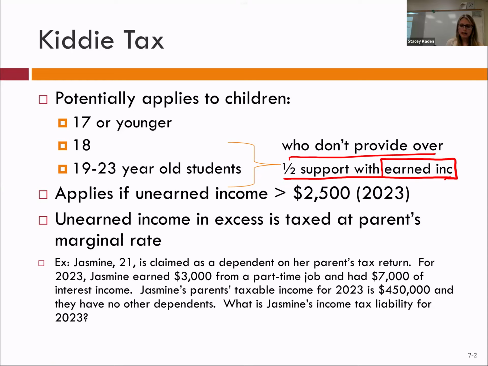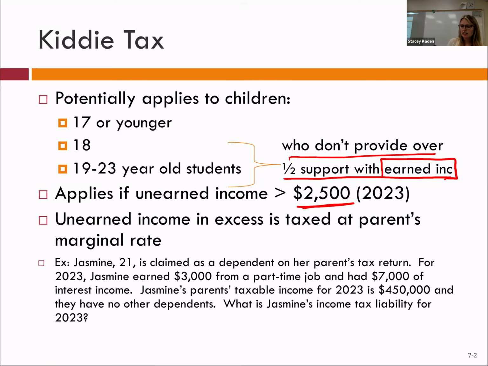This way of calculating our tax is going to apply if our unearned income exceeds $2,500. If you look at the back side of your resource sheet, the upper left-hand column, it will tell you to calculate net unearned income.